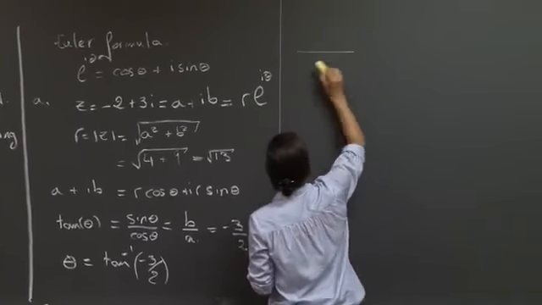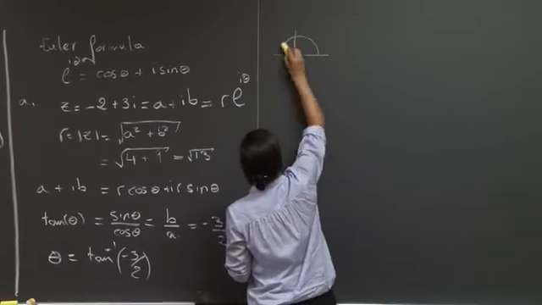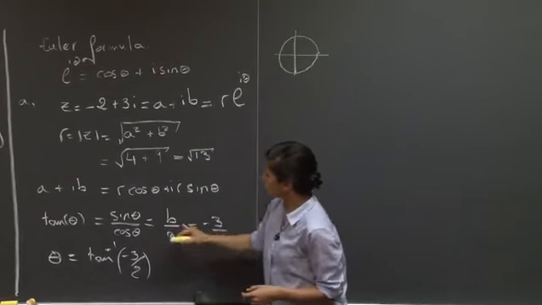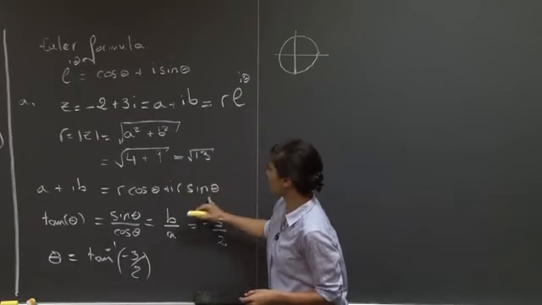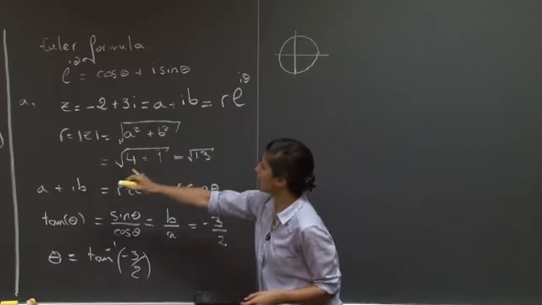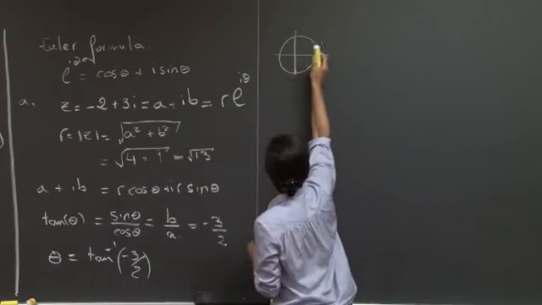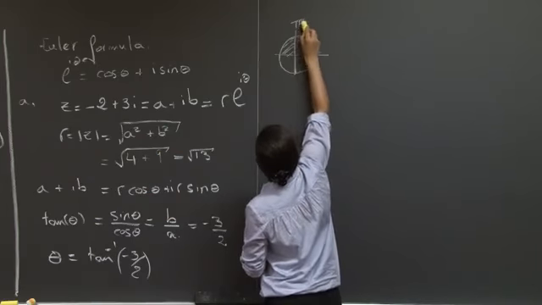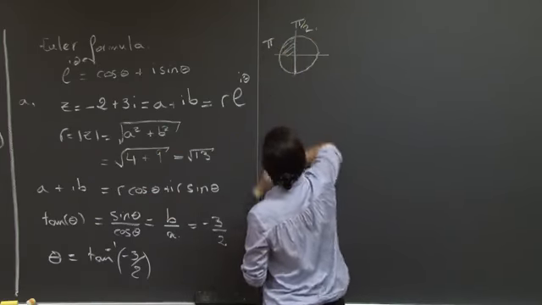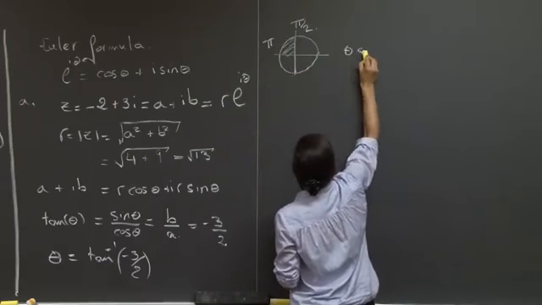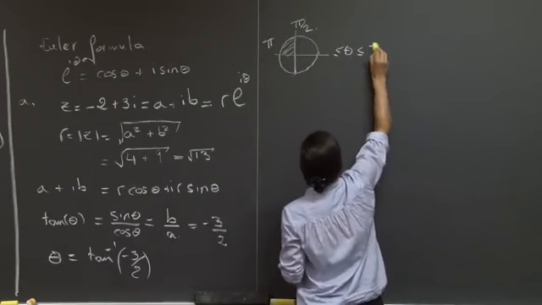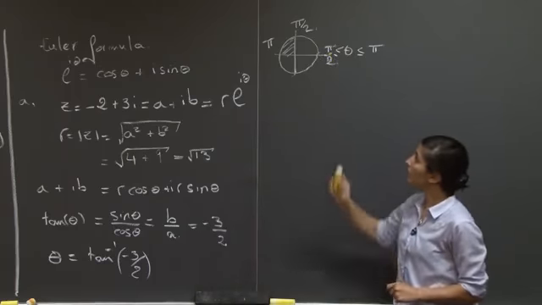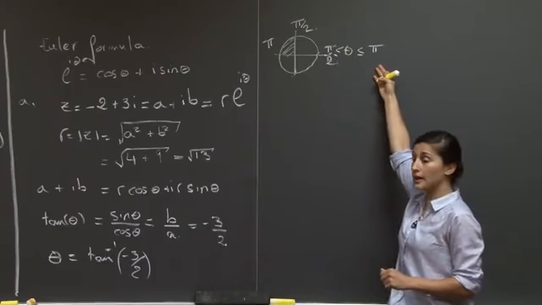So to have an idea of where this angle lies on the trigonometric unit circle, recall that the sine is positive and the cosine of this angle is negative. So we're bound to be in this region, where theta is between pi over 2 and pi. And that ends the answer to question A.